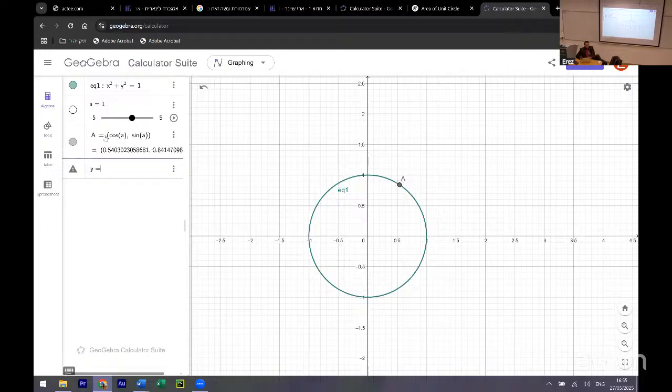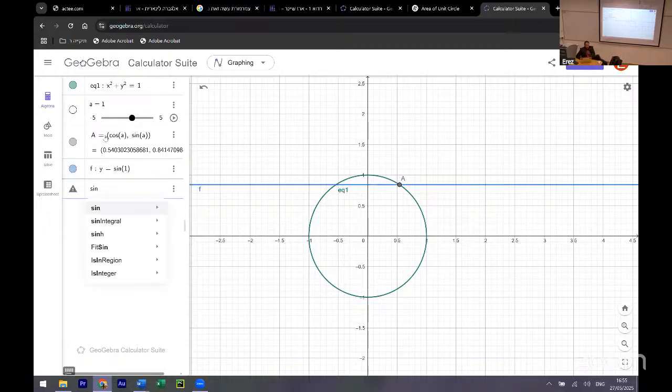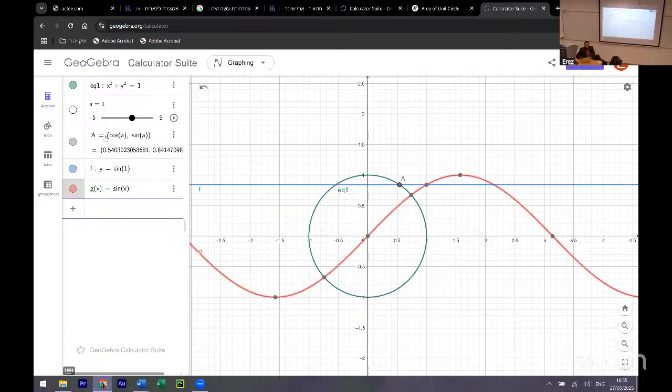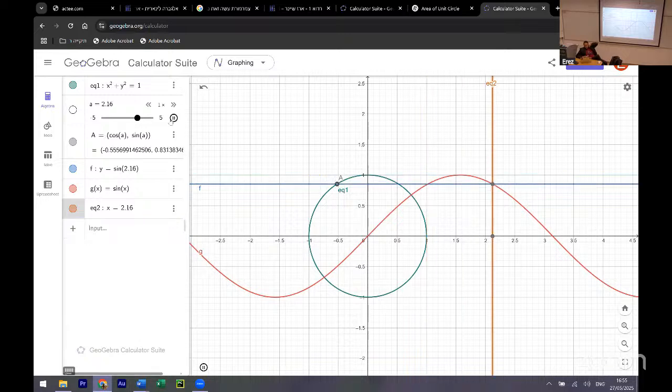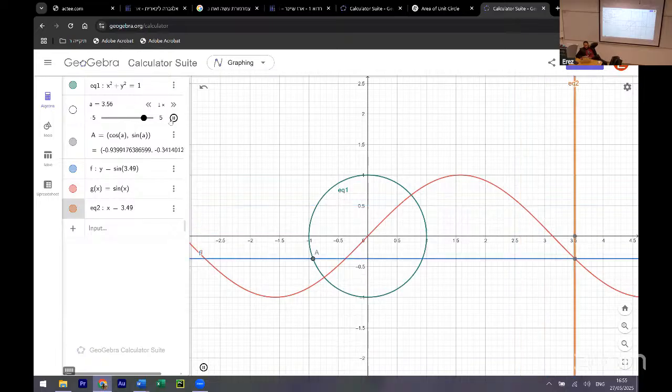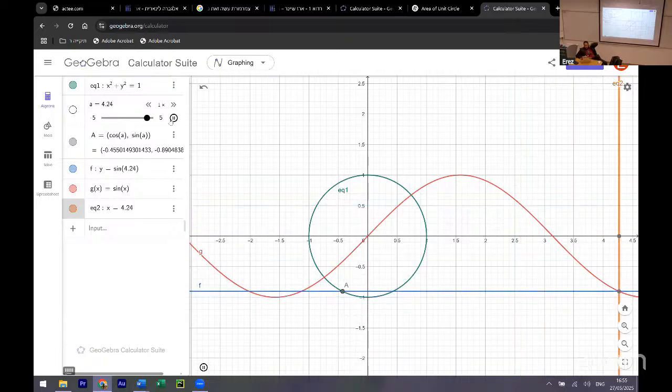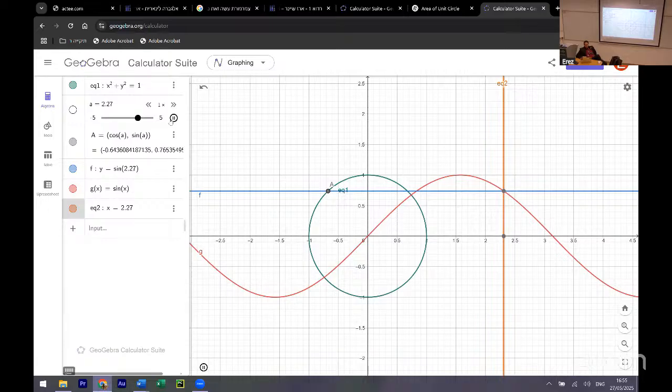Y equals sine of A. And now I'll plot sine of x, with x equals A. Right, that's what you usually see.